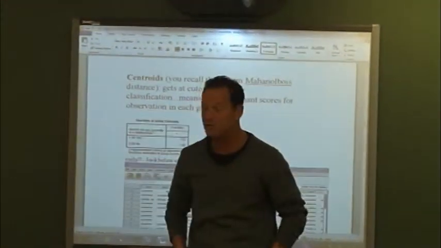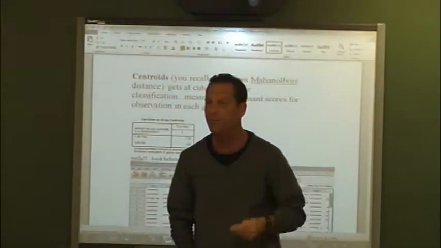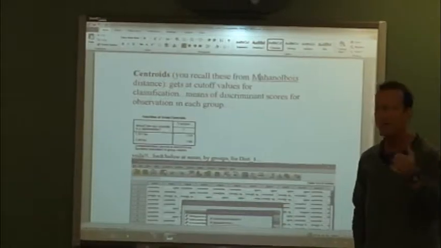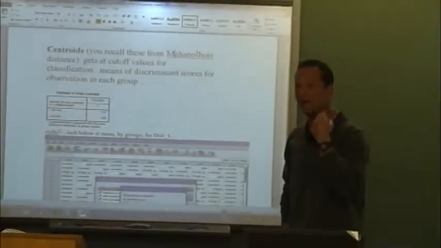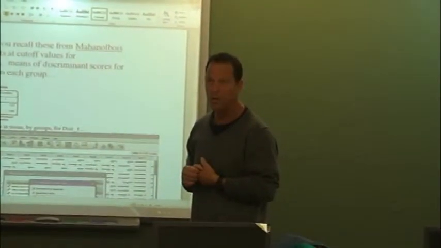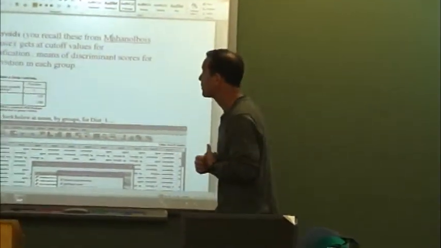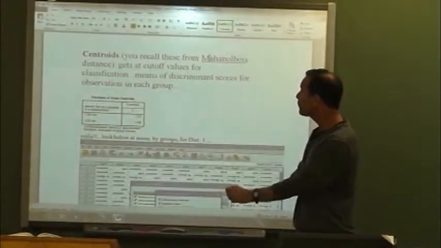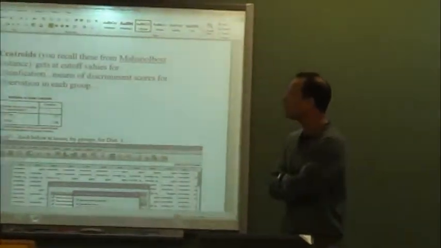Do you remember Mahalanobis distance from your multivariate course? I think it gives you the top 5 Mahalanobis distances, which get at outliers on the set of predictors, right? Because remember, Mahalanobis distance is just a function of sample size times leverage from the hat matrix. So this can be really helpful in getting at cutoff values for classification.